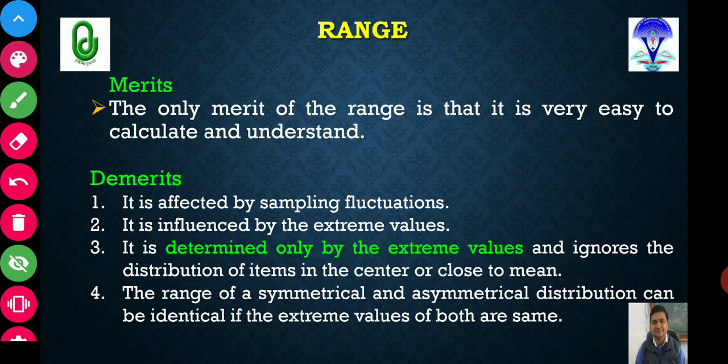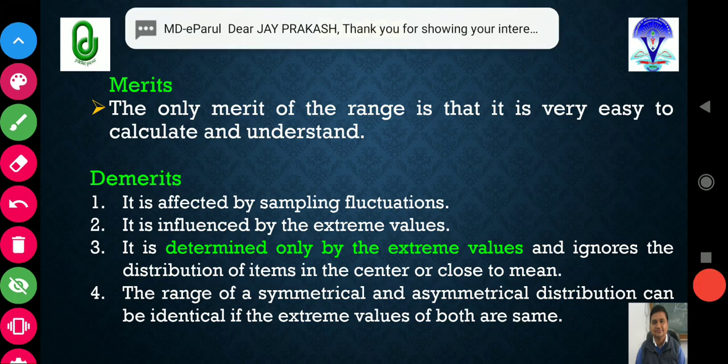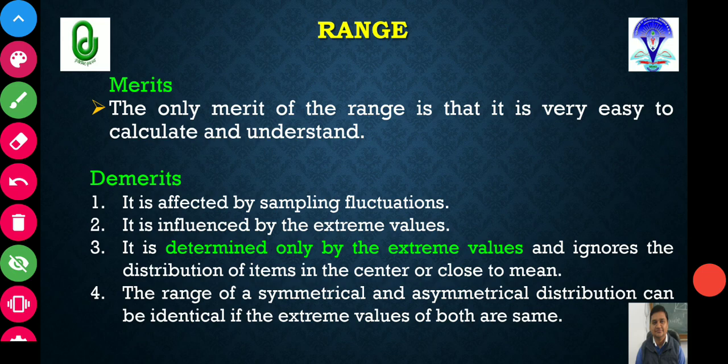In that series, the first one was the range. At least with the range, you know the minimum and maximum value of a series of data. The only merit of range was that it can be calculated and understood very easily.